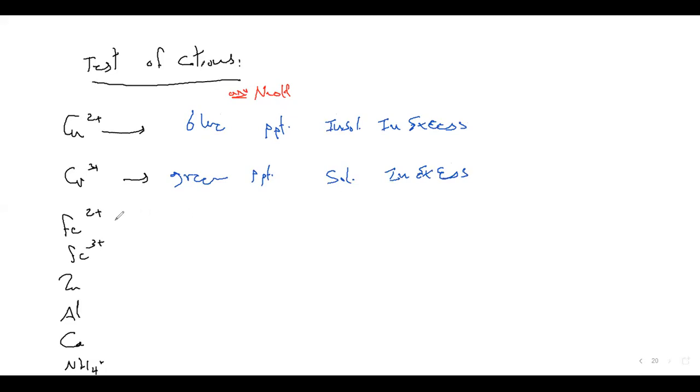Iron 2 and iron 3: iron 2, white green or dirty green, and iron 3, reddish brown. Both of them are insoluble in excess.